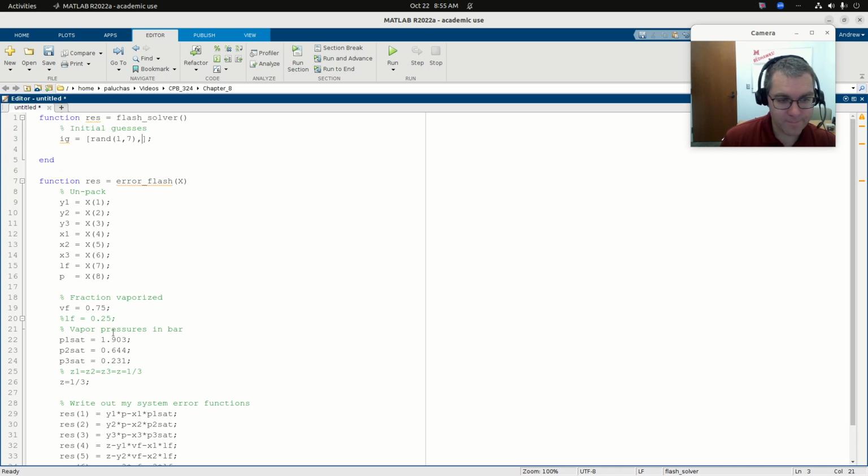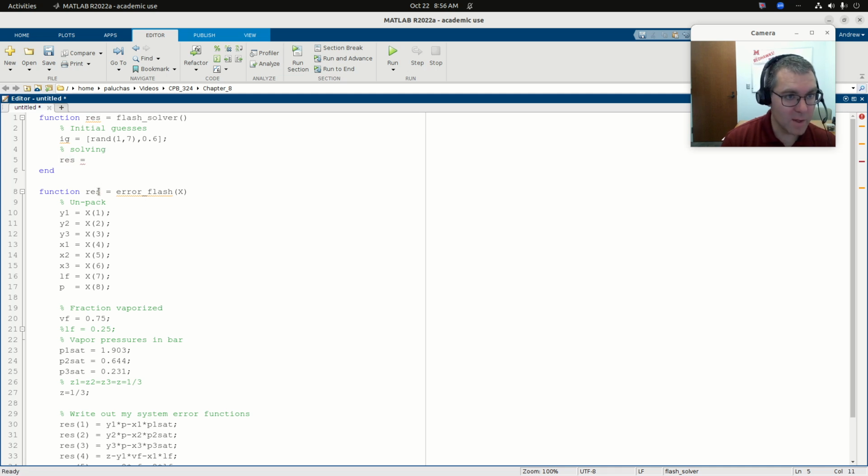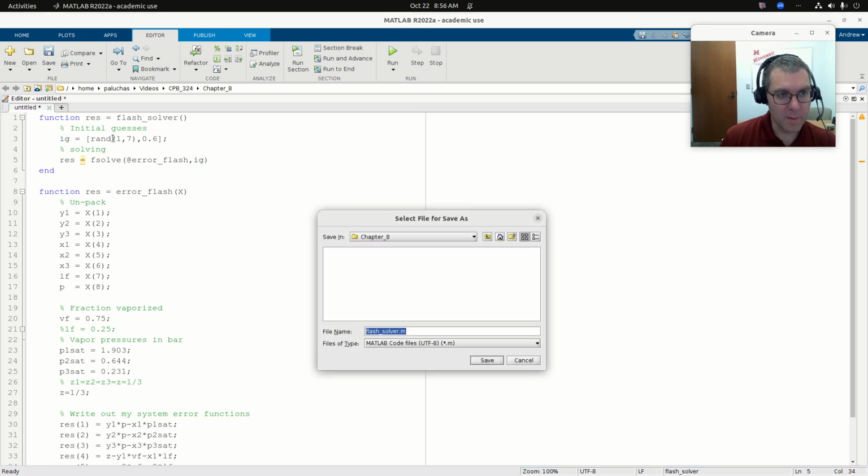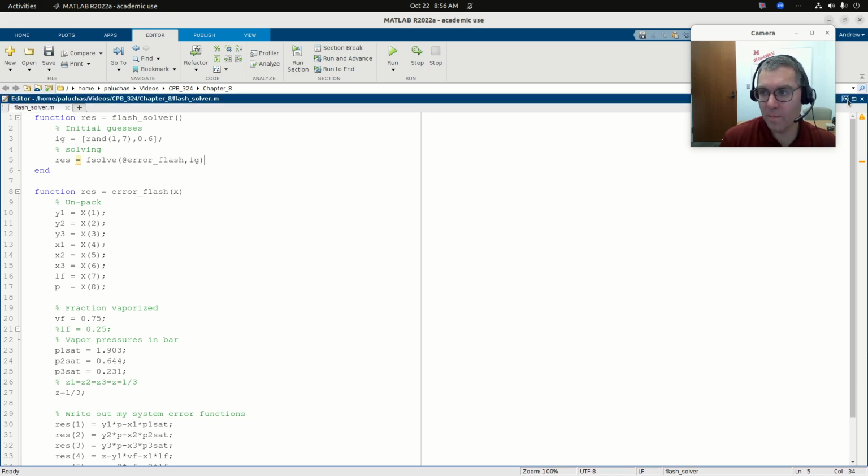Let me just guess somewhere around 0.6. Then when I solve, res is going to be equal to fsolve at error flash subject to my initial guess. I could have just as well put my initial guess directly in there, but so be it.